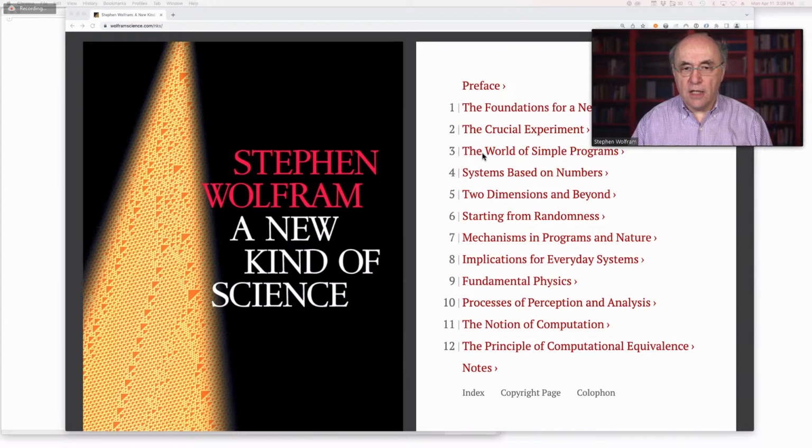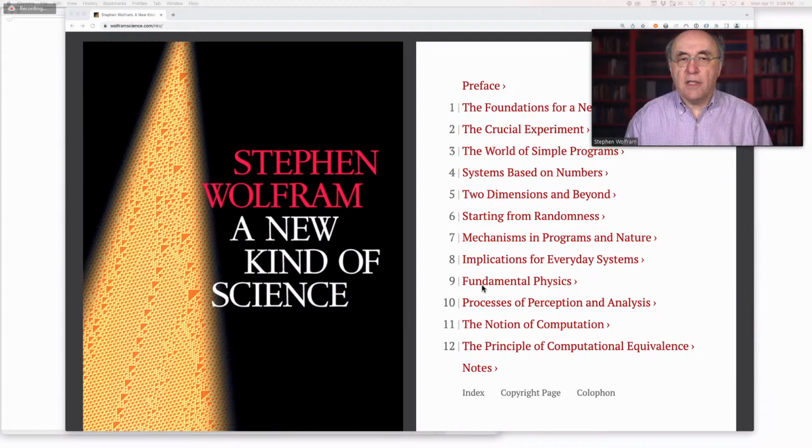In the sequence of the book, just to give the global architecture, the early part of the book talks about what's out there in the computational universe. You have simple rules that define a program, you run the program, what kinds of things happen. Then the middle part of the book, chapters 7, 8, and 9, are really about, given that, looking at things in the world, how does their behavior and their structure and mechanism correspond to what we see in these simple programs that we looked at earlier in the book.